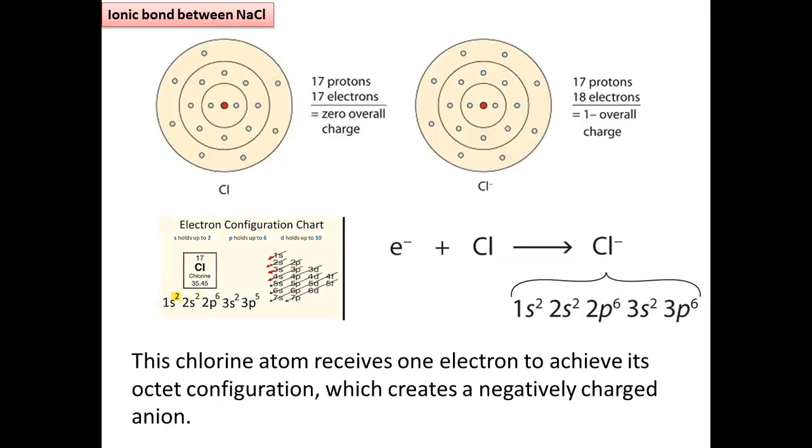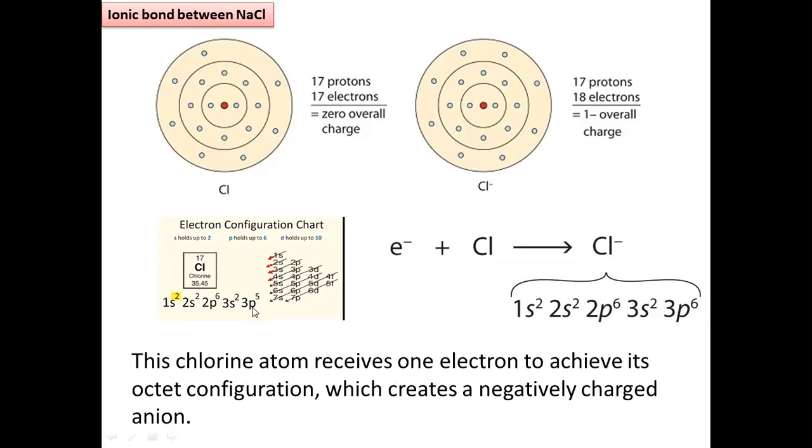Now, the second is chlorine, and chlorine has atomic number 17. That means 17 protons are there, 17 electrons are there, and there is no charge because protons are equal to electrons.